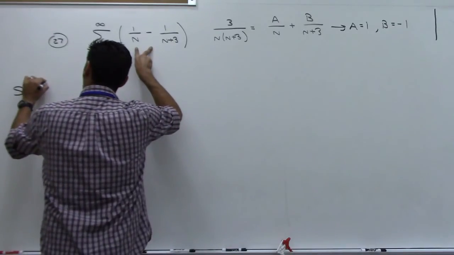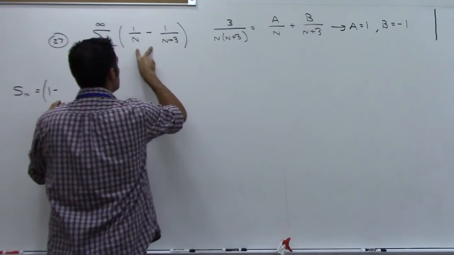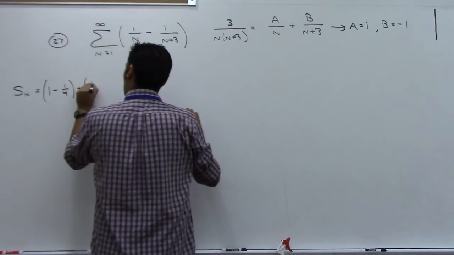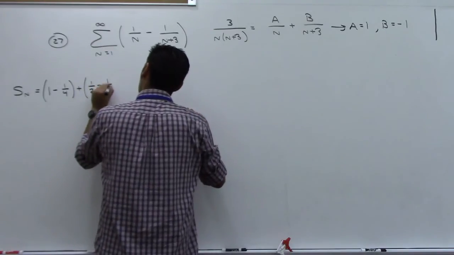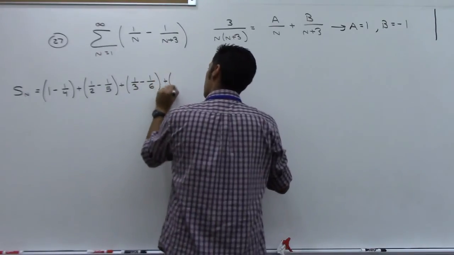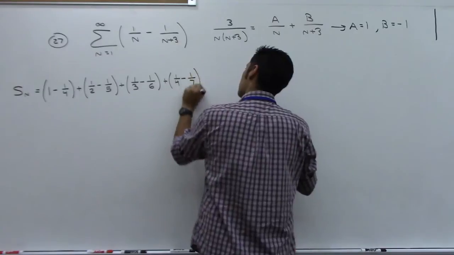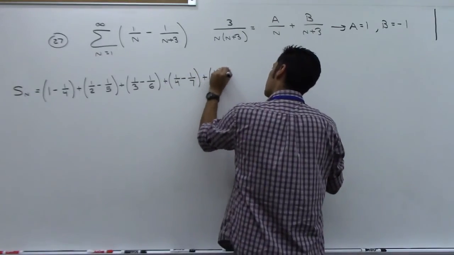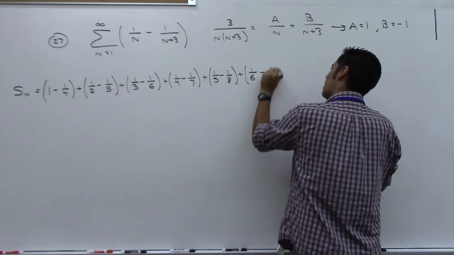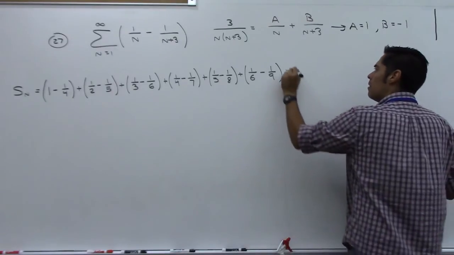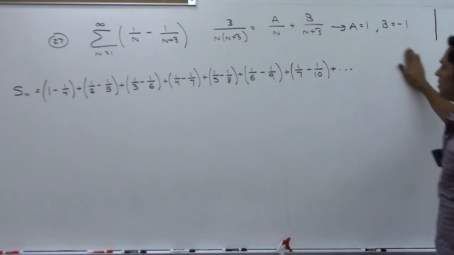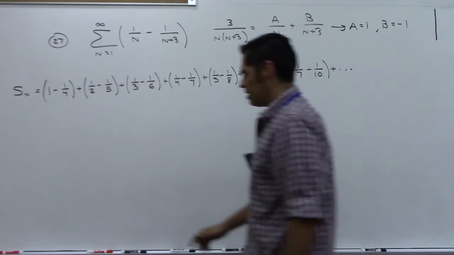When I plug in 1, I get 1 minus 1/4 plus 1/2 minus 1/5 plus 1/3 minus 1/6 plus 1/4 minus 1/7 plus 1/5 minus 1/8 plus 1/6 minus 1/9 and 1/7 minus 1/10 plus, and I have to stop this, but see I'm out of room over here. But I needed that many to see this cancellation.